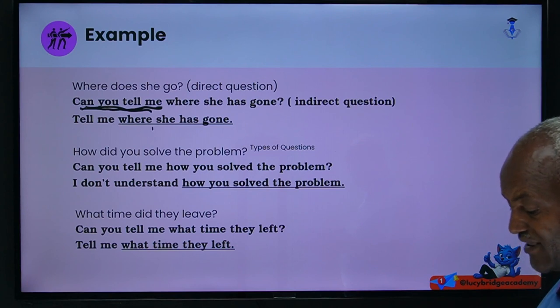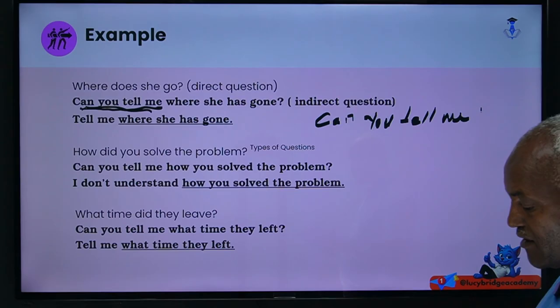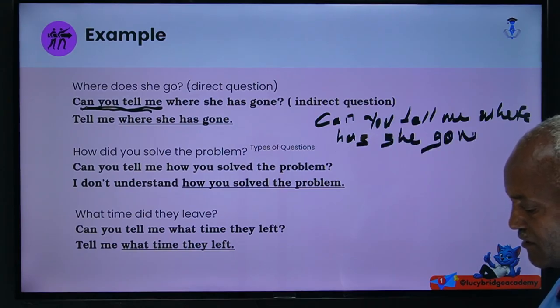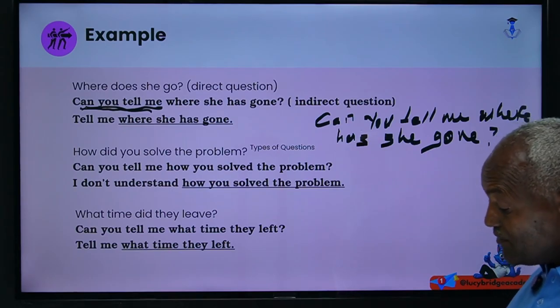But if we say like this, for instance, "Can you tell me where has she gone?" If we say like this, "Have you seen where has she gone?" that means this is wrong.